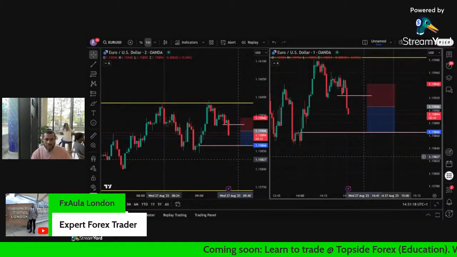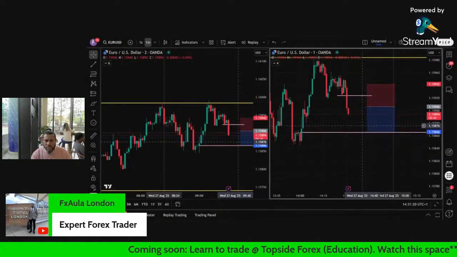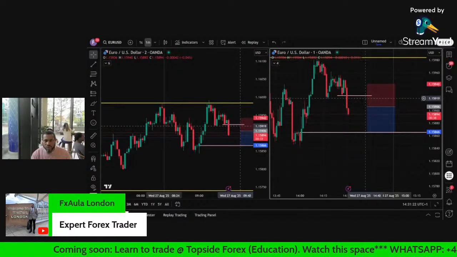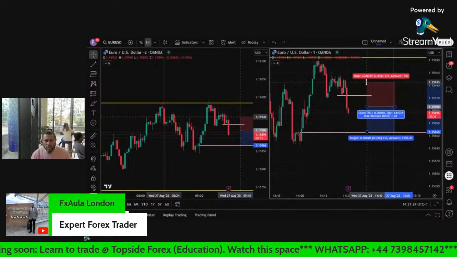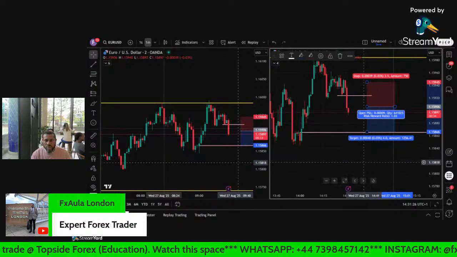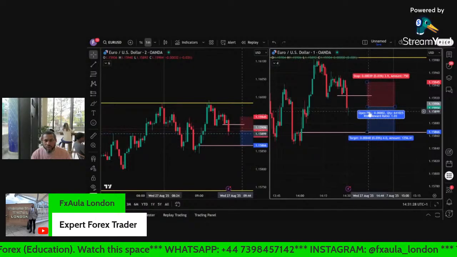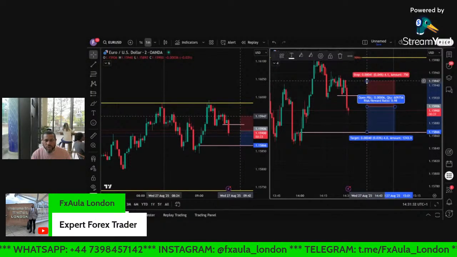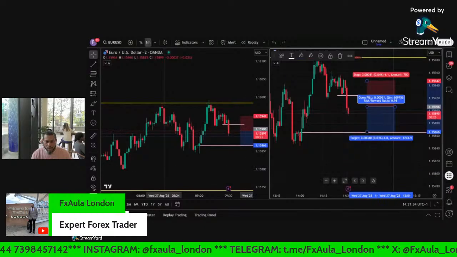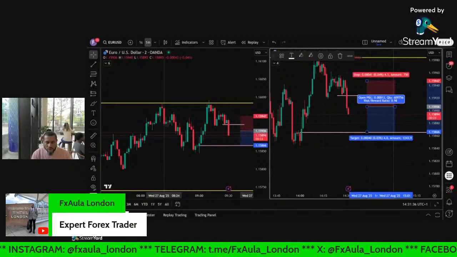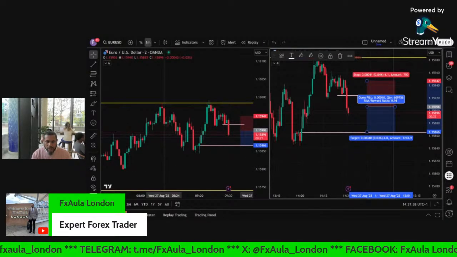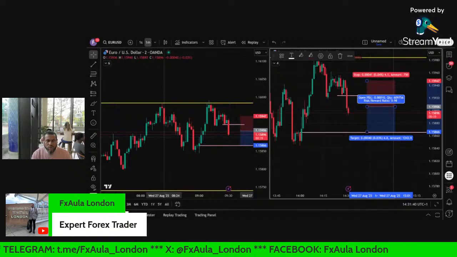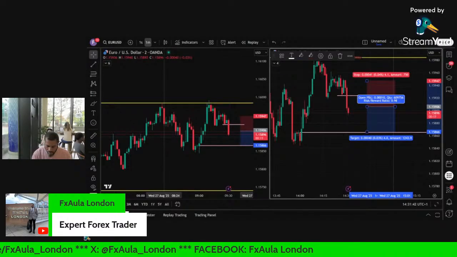I don't like it at all, honestly. The range is just so small. I put my stop loss here, 3.9 pips for my stop loss.